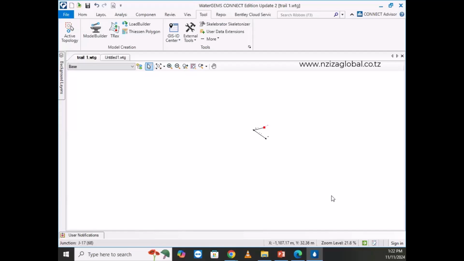If someone asks you to share the model, don't just take that WaterCAD icon and send it. You take all of those files, all of those formats together, and you share them with him. He will be able to open it. That's the last hint that I wanted to share with you before going to lunch.